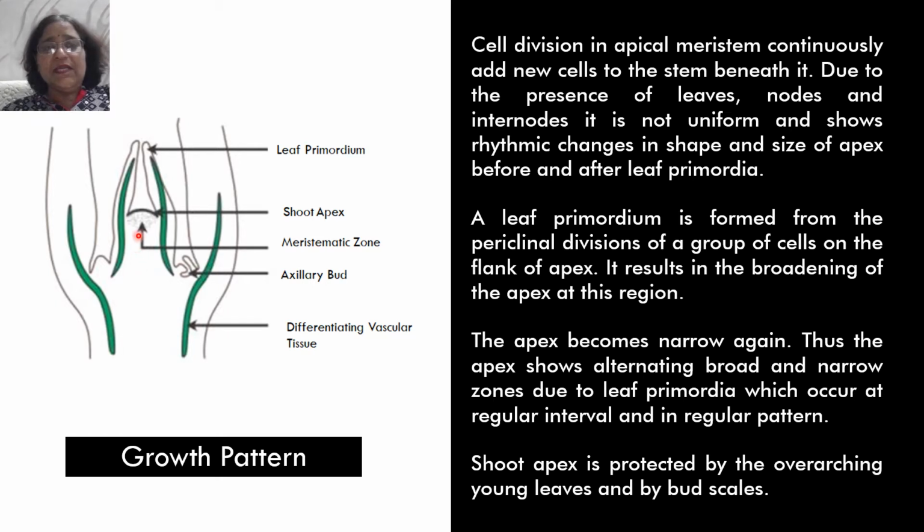Rhythmic means, you can see here, this is the shoot apex and these are the leaf primordia. You can see the size of the shoot apical meristem at the top is narrow, while here from where the leaf primordia arise, this is broad.